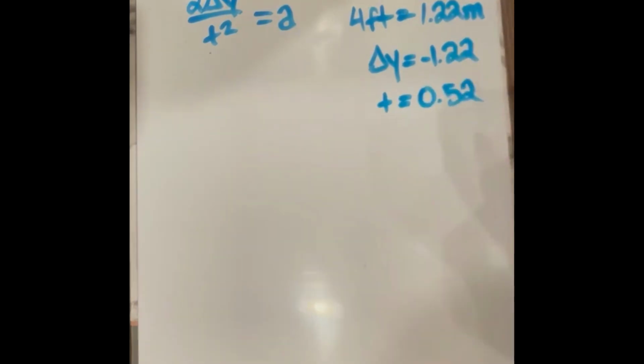We already have our equation set up from before. 2 delta y over time squared equals acceleration. Let's plug in delta y and time and solve.